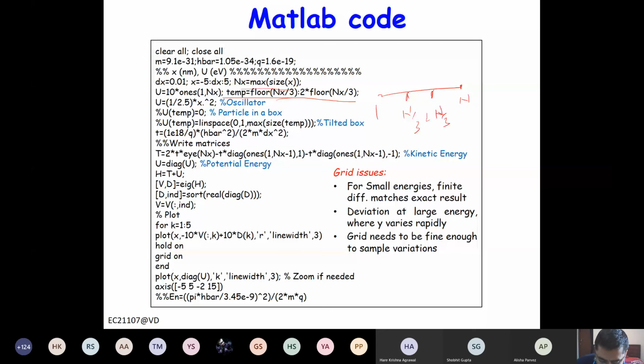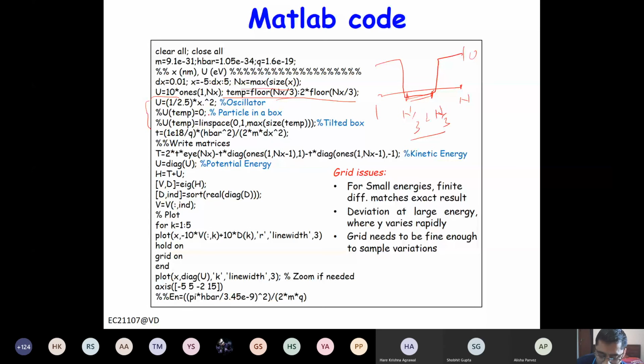So there are 3 cases here. I can use oscillator, I can use particle in a box, or I can use a tilted box. So these 3 functions are there, and the percentage sign shows a comment. So comment means basically if I want to use oscillator, I will uncomment the first one and comment these 2. If I want to use particle in a box, I will comment the first one and uncomment the second one.